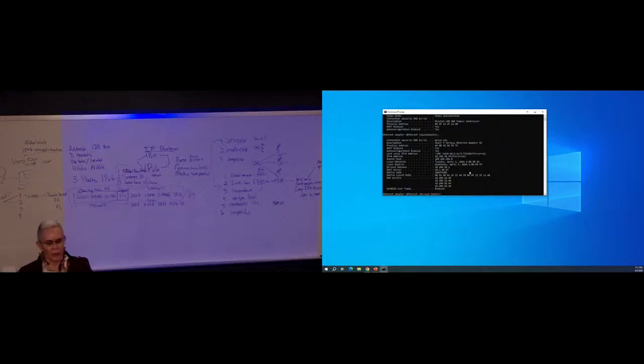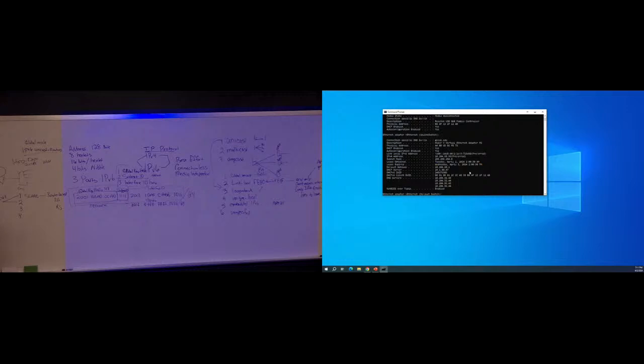Is that default? SLAAC is default, because it's the easiest and it uses the least amount of resources. If you're with a Cisco device, the minute you do ipv6 unicast-routing, SLAAC gets enabled.